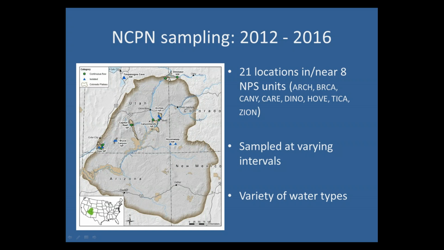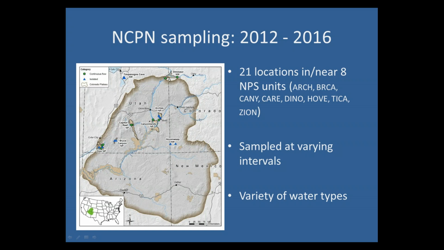It's also a semi-arid region, so the water that we have tends to be either larger rivers that are snowmelt driven, and these are things like the Colorado River and the Green River, or very localized and isolated water sources like springs, and we do have some cave pools as well.